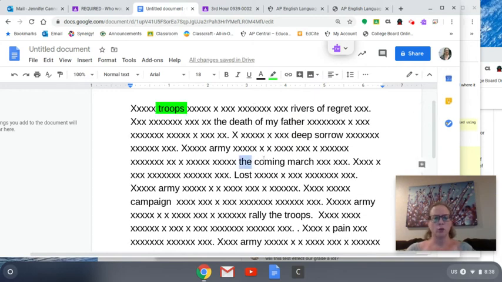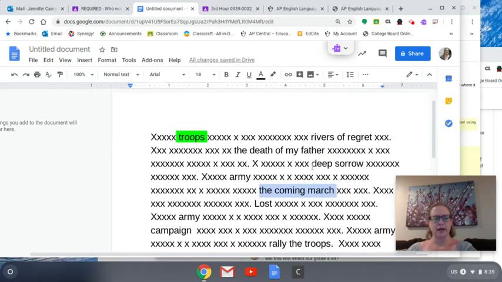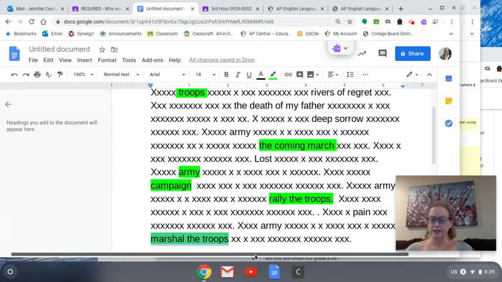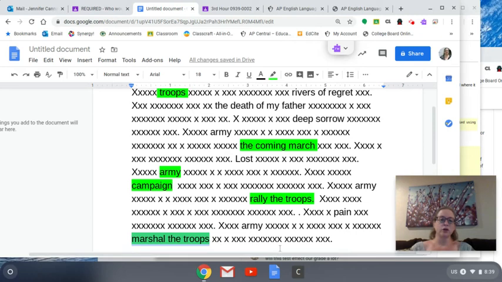And oh, wait, the coming march, that sounds rather army-ish. Ooh, rally the troops. Yep, campaign, totally, army, marshal the troops. Well, clearly this author is using very militaristic language. And so that's going to be one of the patterns I identify.